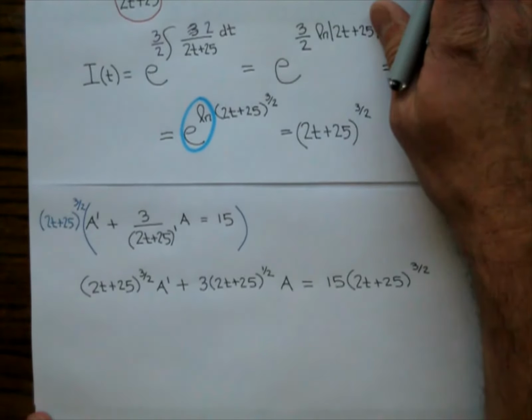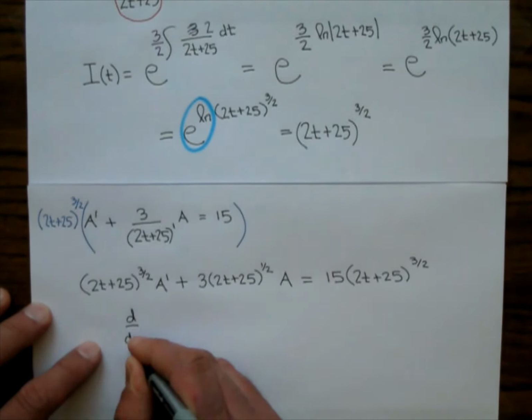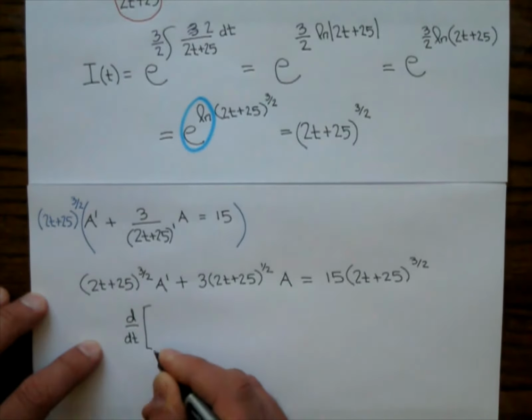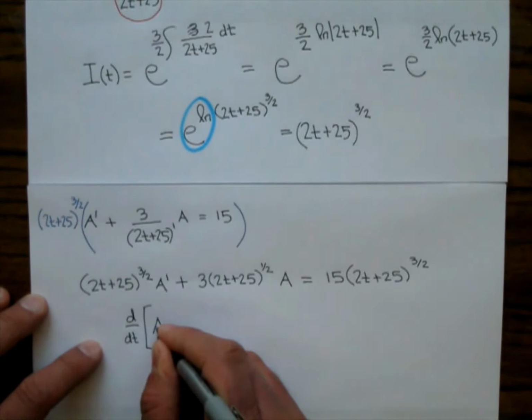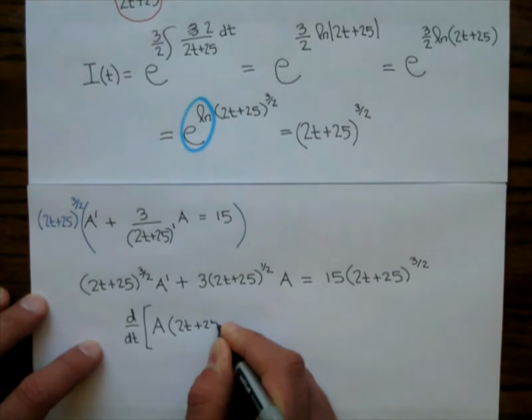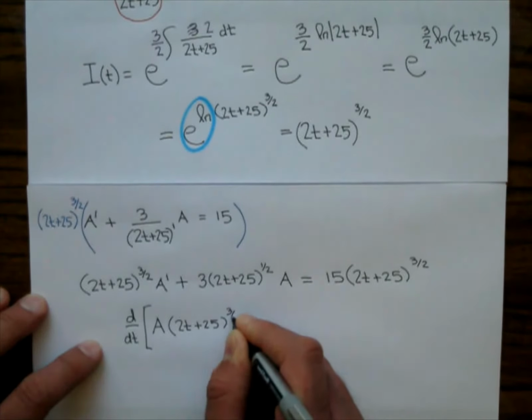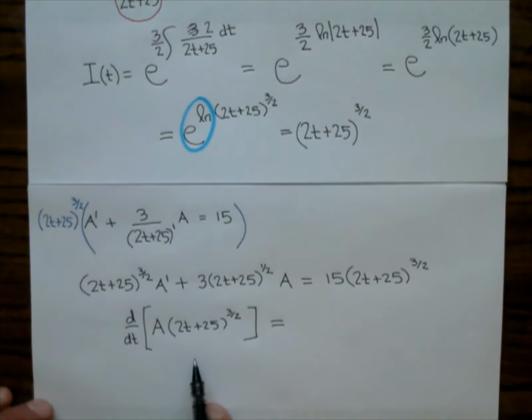Okay, so here's the deal. The left-hand side will always become d/dt of y times the integrating factor, but we don't have a y here, we have A times the integrating factor. That will always happen if you compute your integrating factor correctly. Now, you could do a sanity check.